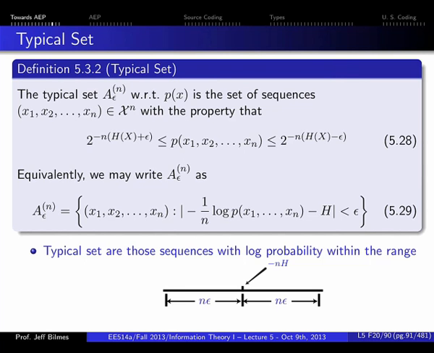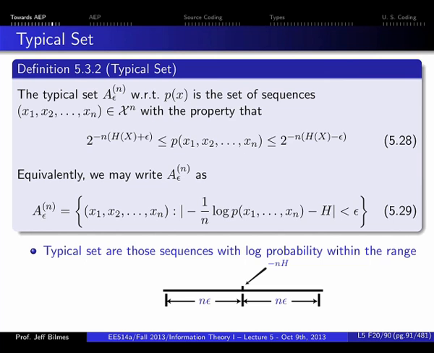So it's got a parameter: it's epsilon typical for a given n. So epsilon is another parameter of our typical set. We're being more precise here, and we need to talk about epsilon, which is like a noise tolerance or a slack or whatever you want to call it. So we want to have an upper bound and a lower bound, right? Because it's in some sense symmetric around this thing. We think of n epsilon as the diameter of our log probability range. And we can write it in two ways, in 5.28 or 5.29. In 5.29, we're doing this with the absolute value.